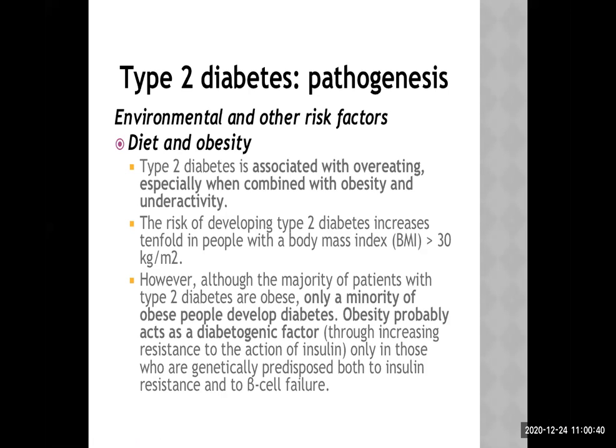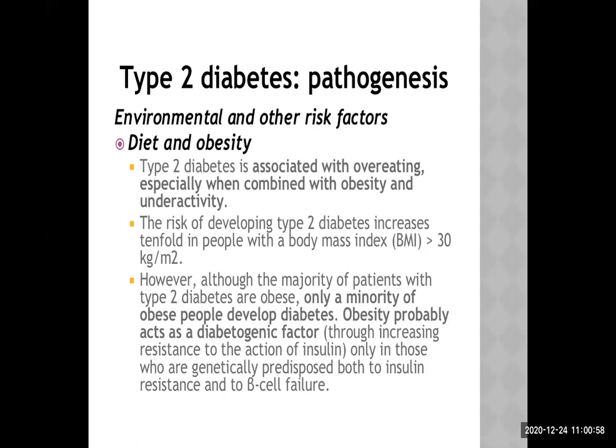Very good question. Even a lean patient develops type 2 diabetes because the fat may deposit around the waist area, and that visceral fat is very important for the causation of insulin resistance.